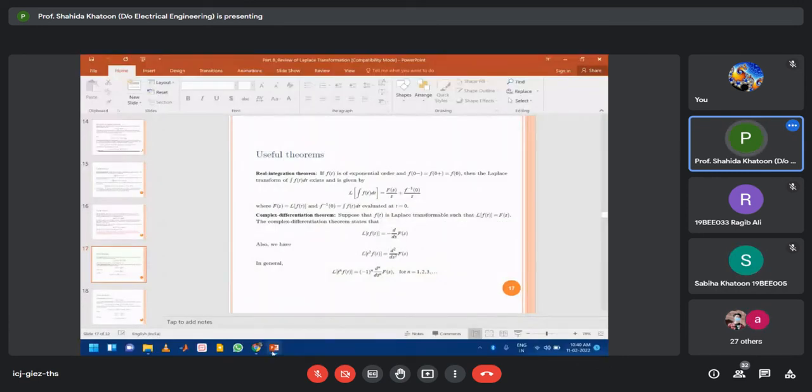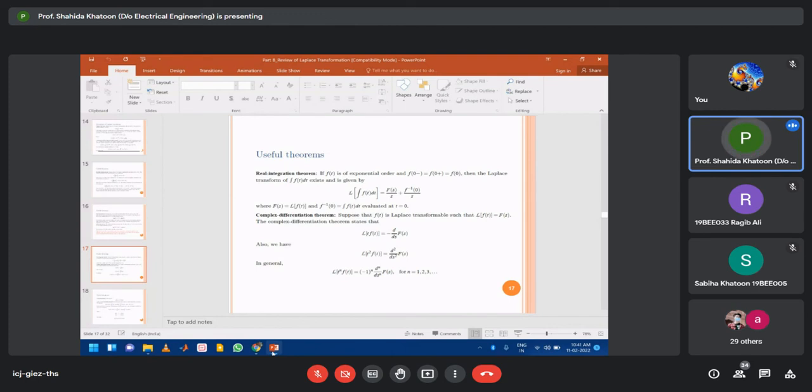Other useful theorems are the real integration theorem and the complex differentiation theorem. So the Laplace transform of the integral of f(t) dt is F(s) by s plus f^(-1)(0) by s, where f^(-1)(0) is basically the integral of f(t) evaluated at t equal to 0. Okay.